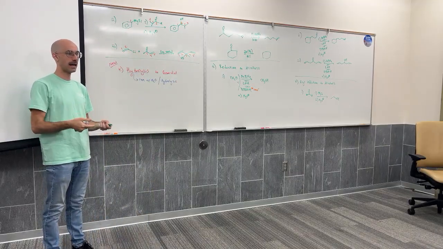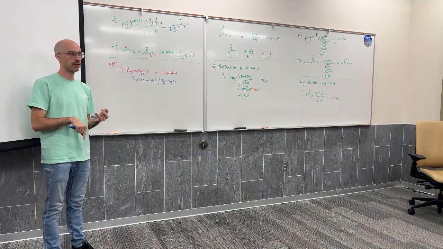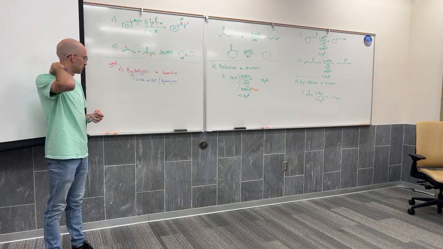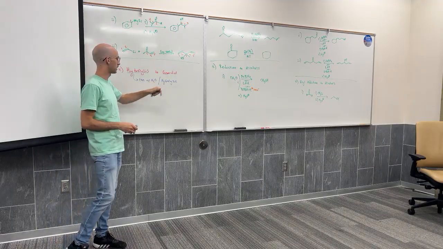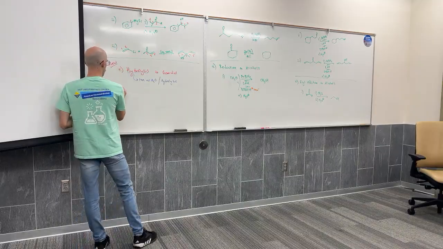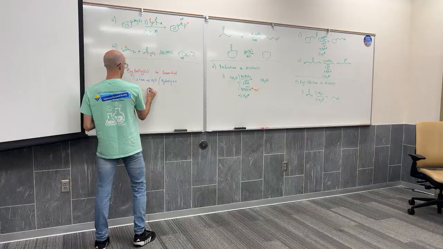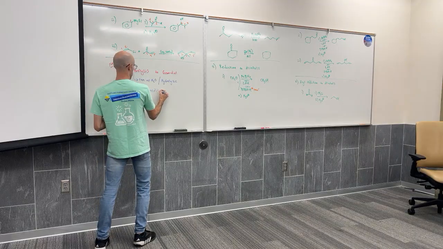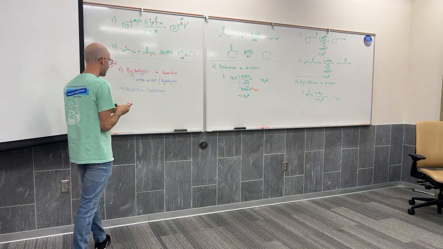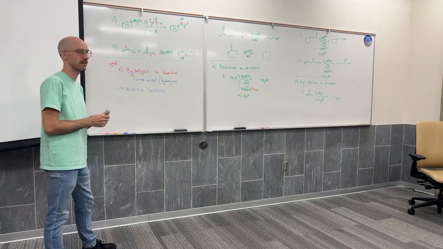So if we want to hydrolyze an aldehyde or a ketone, that means that we will react it with water. We're going to do this in two types of conditions: acid catalyzed conditions and base catalyzed conditions.